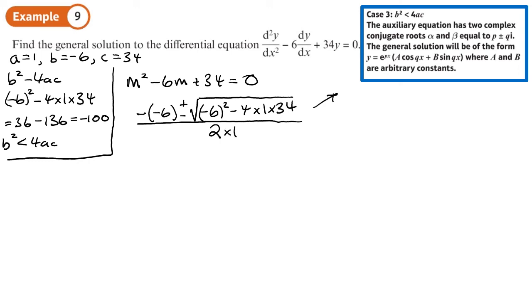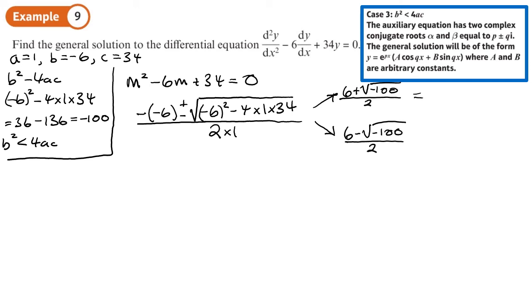So from this I will get 6 plus the square root of -100 over 2, and here I'll get 6 minus the square root of -100 over 2.